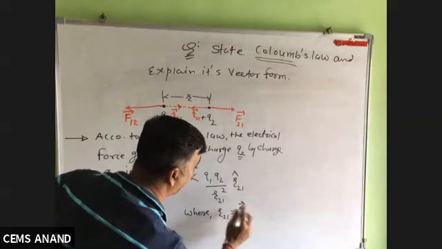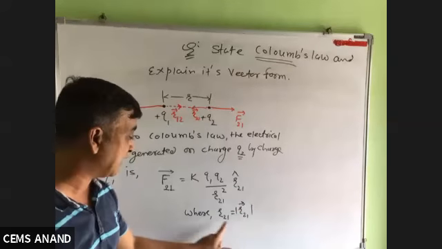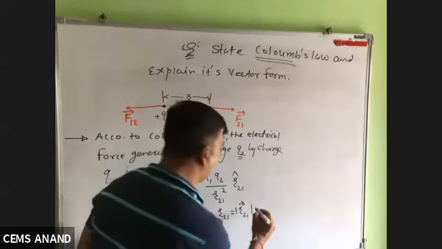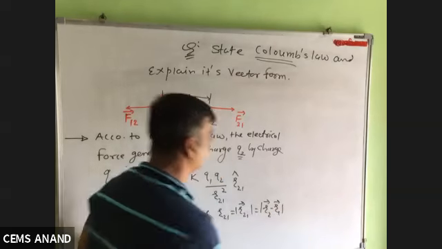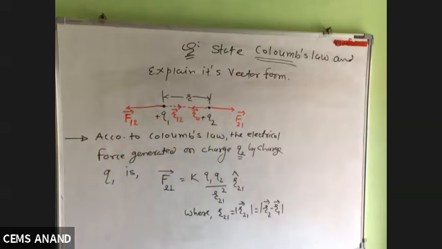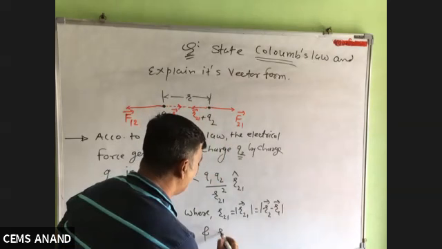If I am interested to write in vector form, then I have to take the modulus of it, and then it is equal to this, right? And it is equal to R2 minus R1. Okay. And what about R21 cap or caret? It's a unit vector.